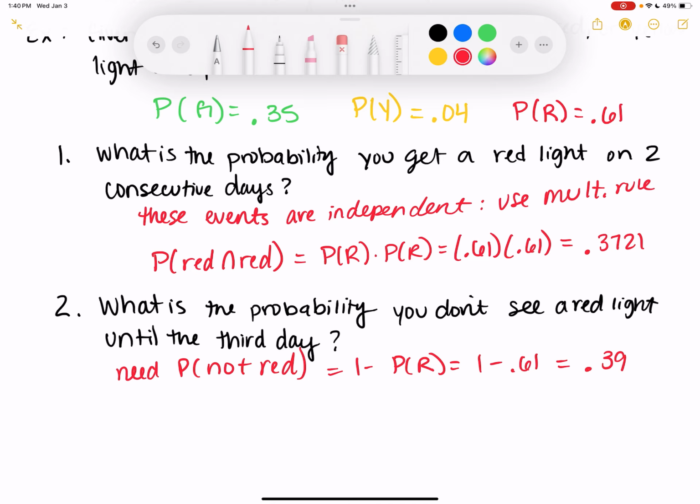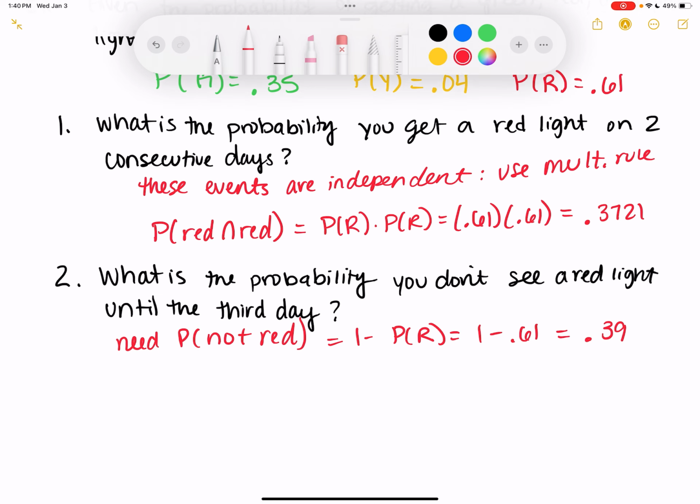So, still independent events because every day is its own thing. So this is going to be the probability of not red, I'm just going to say not R so I don't have to write the whole thing, intersected with not R, intersected with R, because that means on the 3rd day we got a red. The same thing would happen if we just said we got a red on one of the 3 days, but here we're putting in the order.